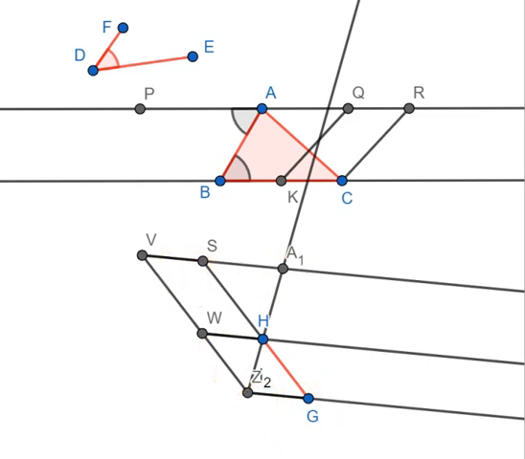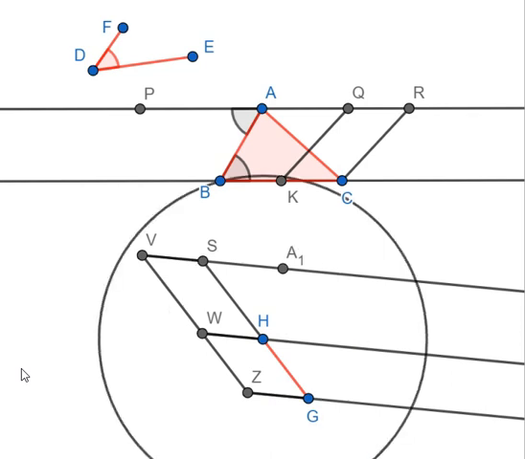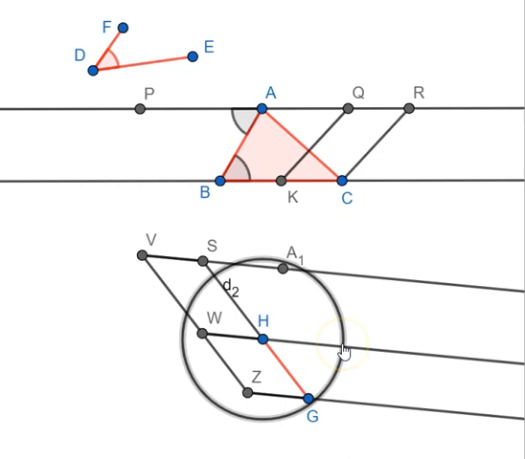So now we don't need this line. And now we can draw a line parallel to SG. How? Just draw a circle at H of radius SA1. Now this is our intersection point of this circle with the line.